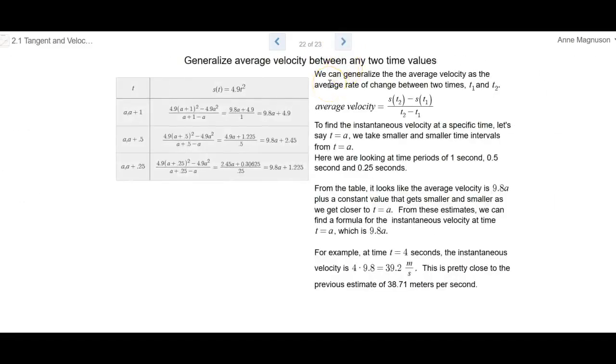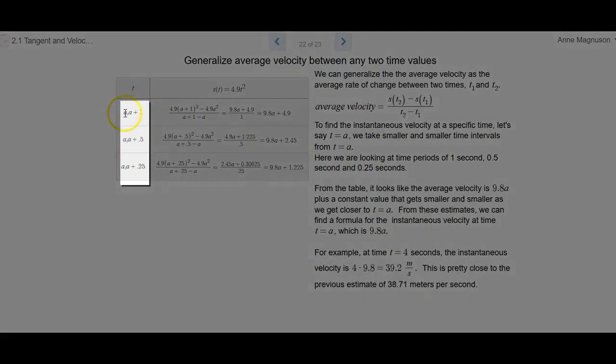So instead of looking at particular values on a function, we want to generalize this and find a general formula for the instantaneous velocity for this function. Instead of picking 4 or 1, let my constant point in time be a.